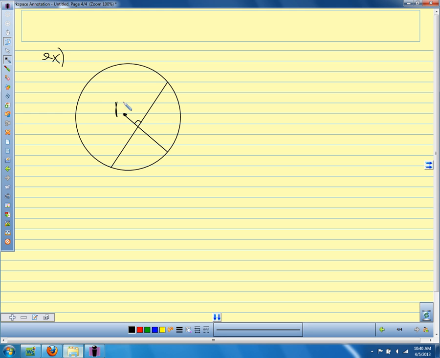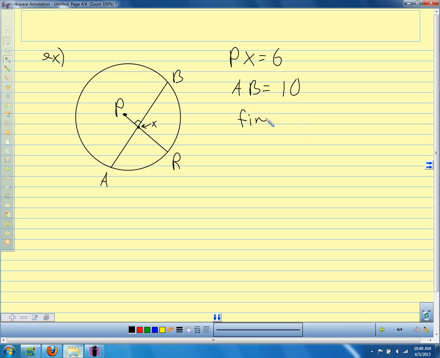And we'll call this P, this R, this A, this B, and the point here in the middle is X. And we know that PX is 6, and AB is 10, and we want to find the length of the radius. So we want to figure out the length of PR.